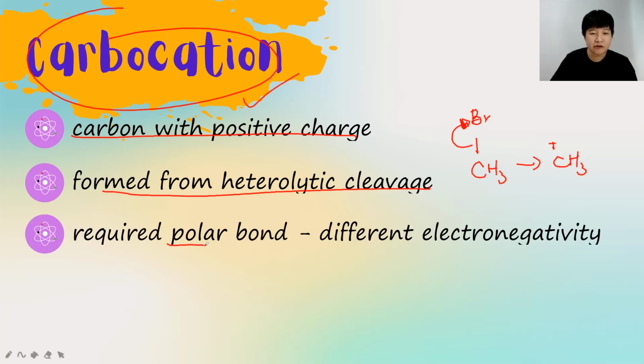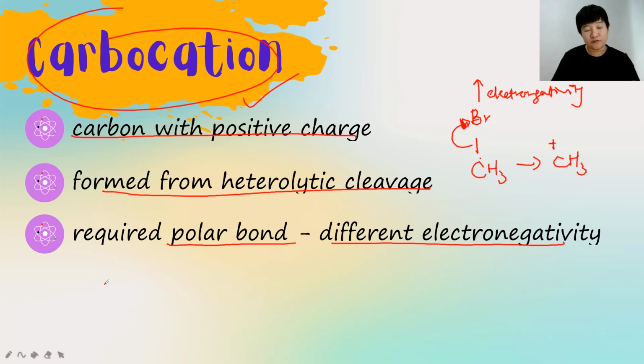It definitely requires a polar bond with different electronegativity. That's why I chose carbon and Br, where Br has higher electronegativity, so Br has the higher ability to attract electrons to it. The carbon loses the electrons and becomes a carbocation. So that is your free radical and carbocation.